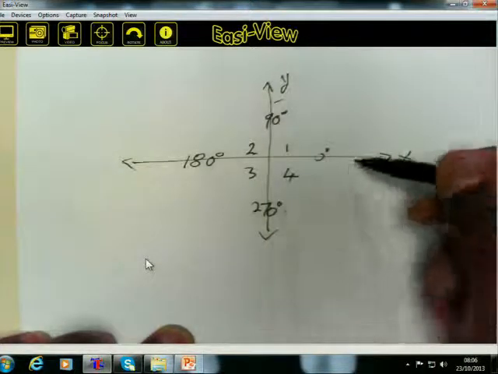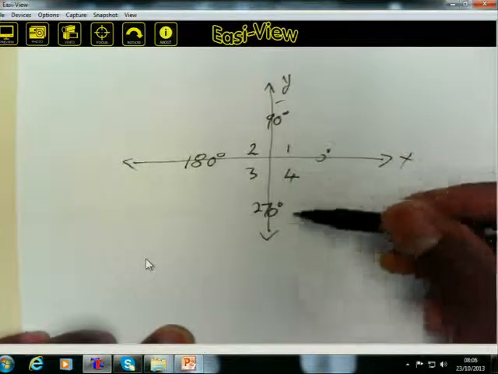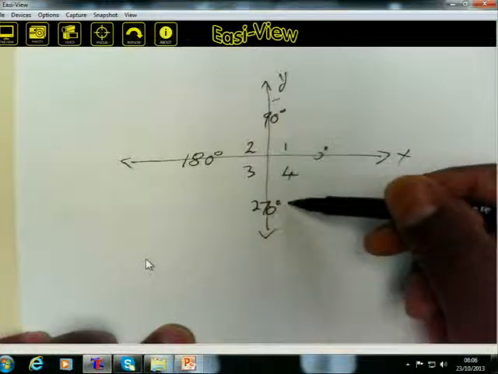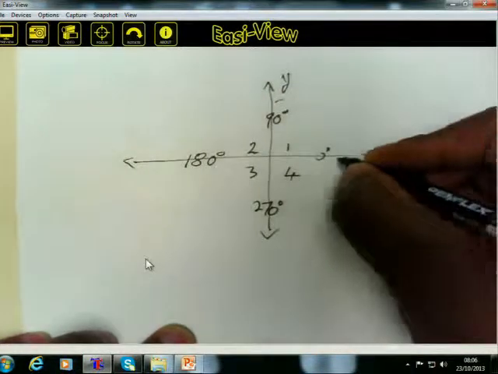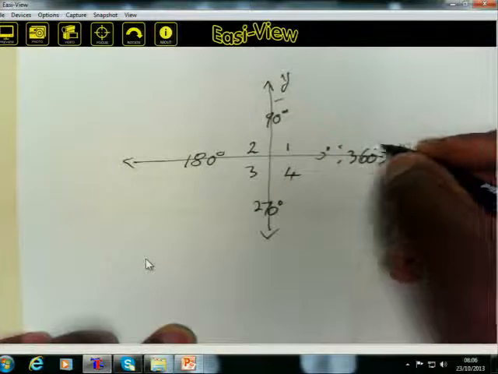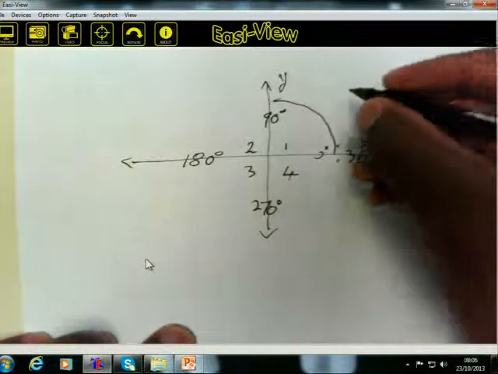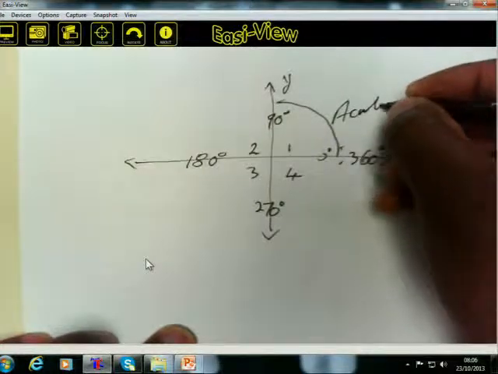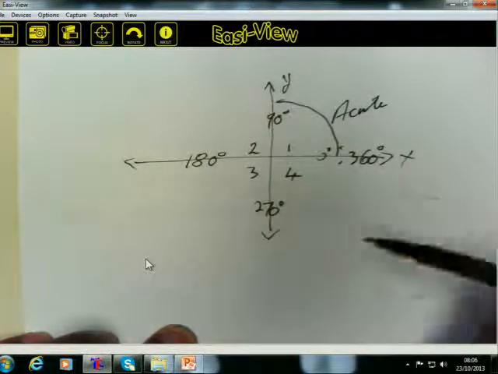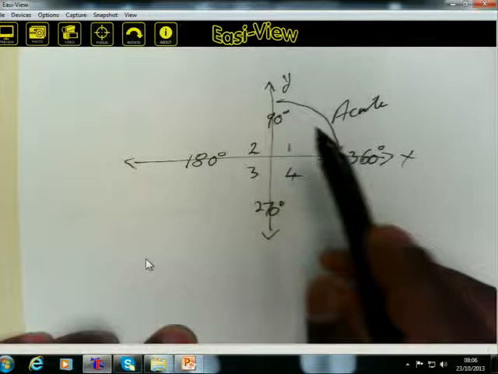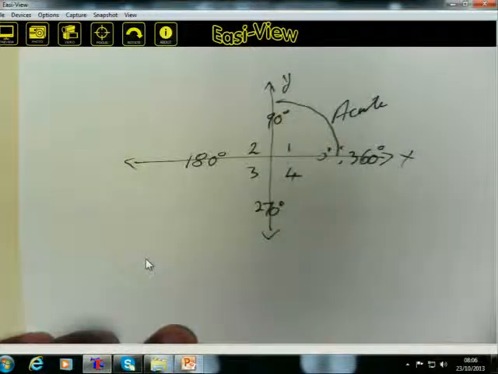And angles in the fourth quadrant are greater than 270 degrees but less than 360 degrees. Basically, angles in the first quadrant are the acute angles, angles greater than 0 but less than 90 degrees.